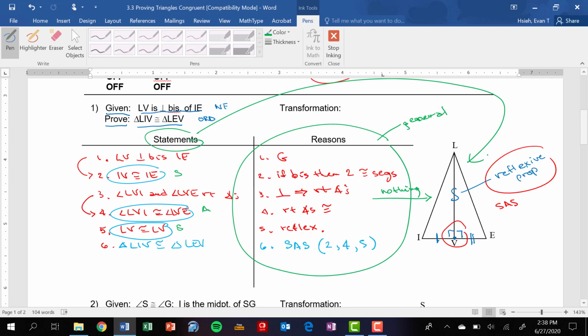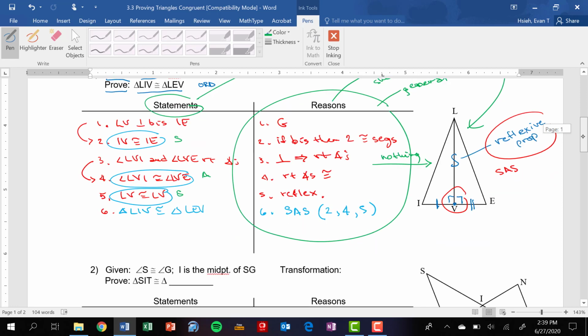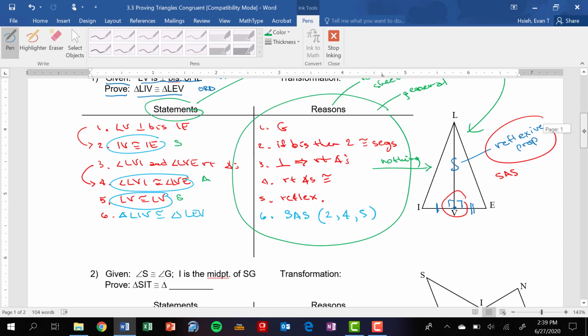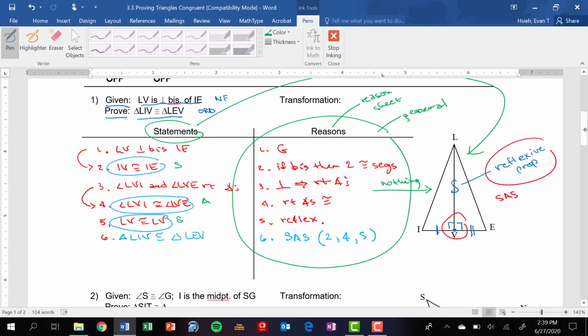Okay, and I will be giving you a reason sheet at some point, and if you're having trouble coming up with the reasons, you can use that cheat sheet, the reason cheat sheet, so that you can remember these reasons. You're not going to get to use a cheat sheet, unfortunately, on tests and quizzes, but you can use it as you're trying to learn these different reasons.